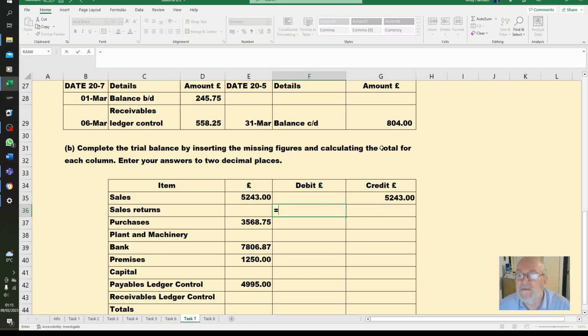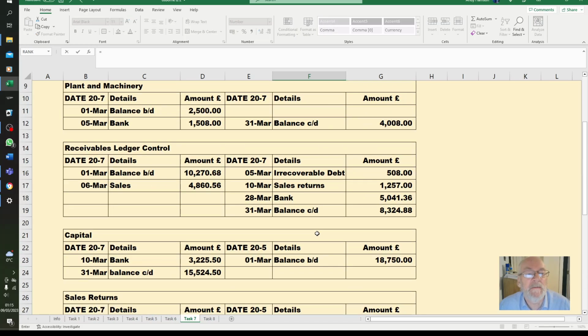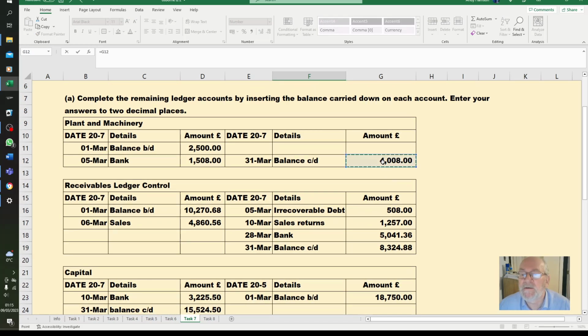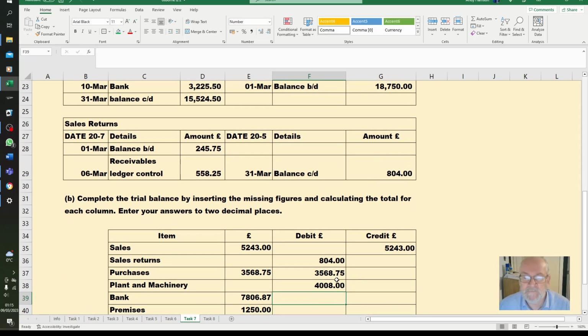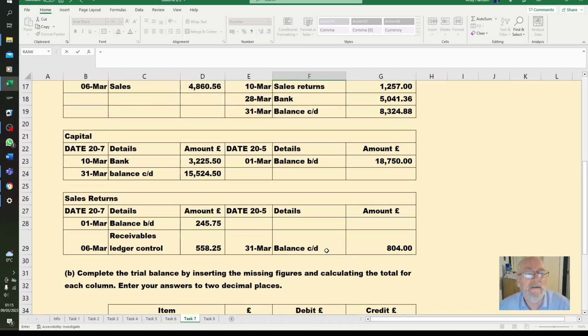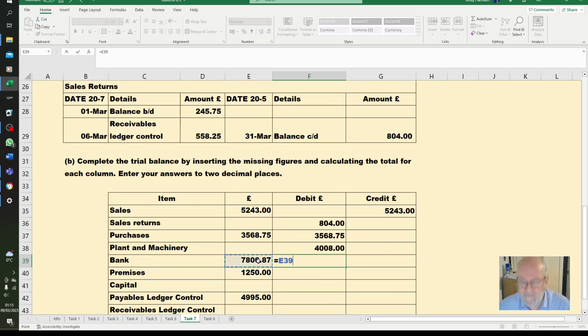Sales returns, amount, purchases. We've got plant and machinery is an asset. Will be a debit up to our plant and machinery. Bank, we haven't been told otherwise, so we assume it's a debit entry, and our premises asset is a debit entry.